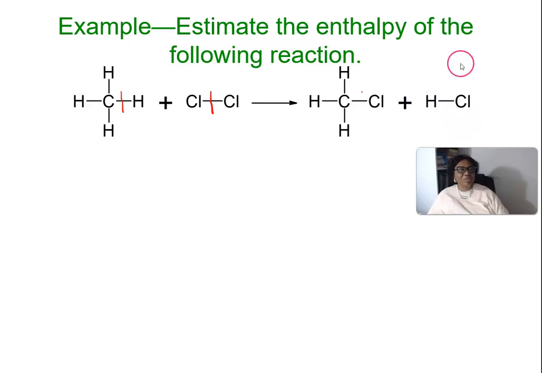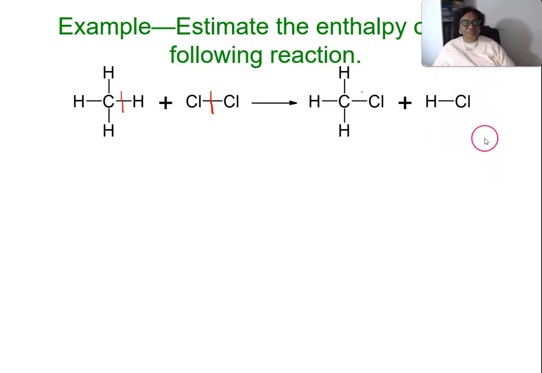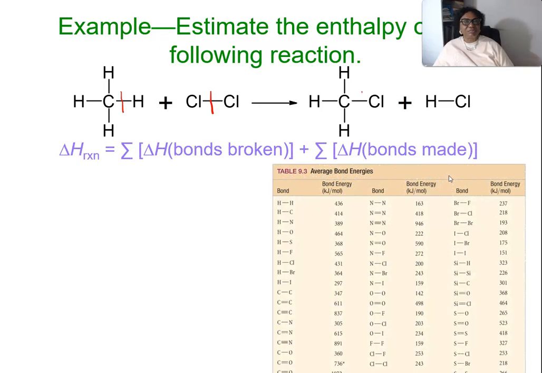So those are the bonds that we are going to be looking at. Let's get their bond energies. We are going to go to this table and get the average bond energies before we do the calculation.